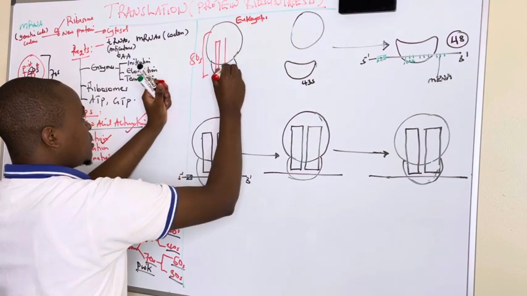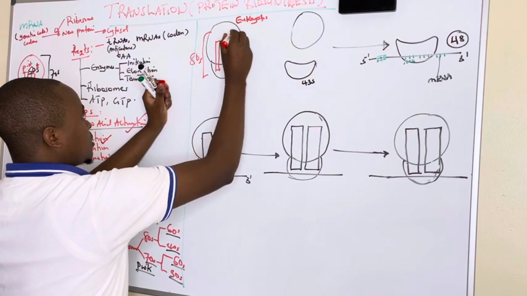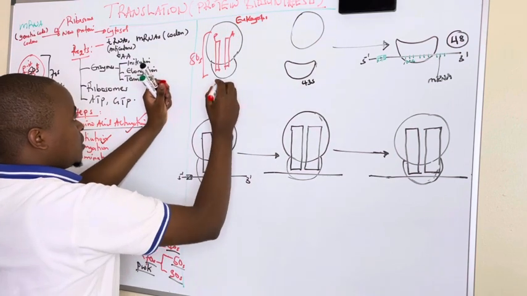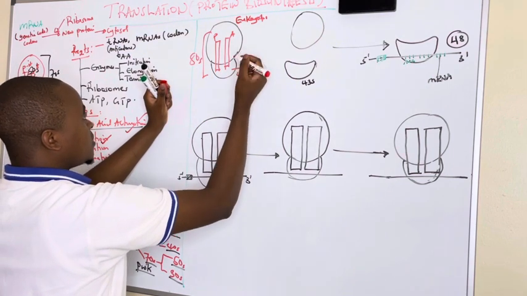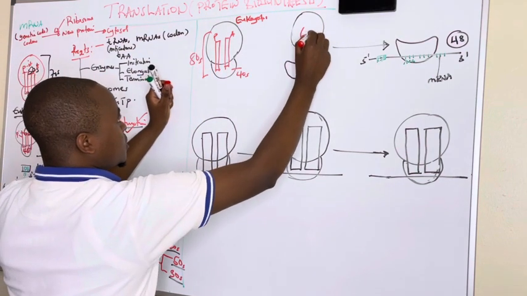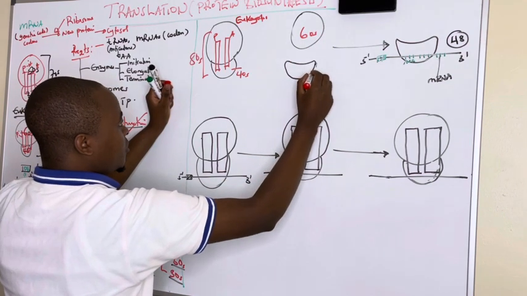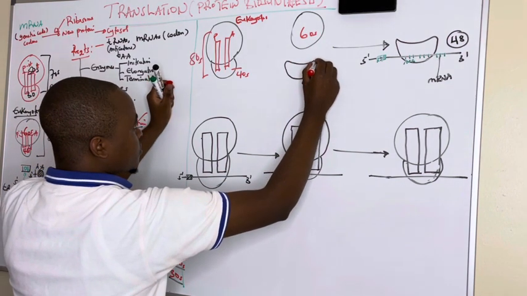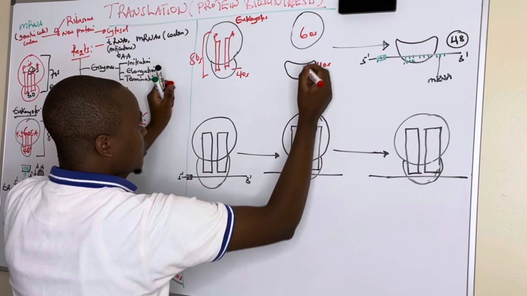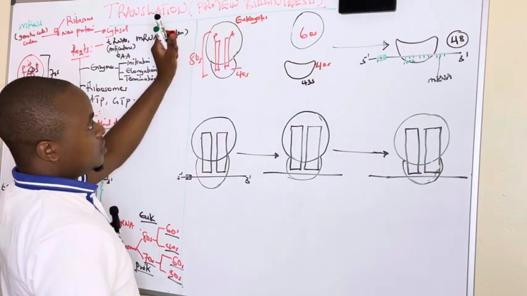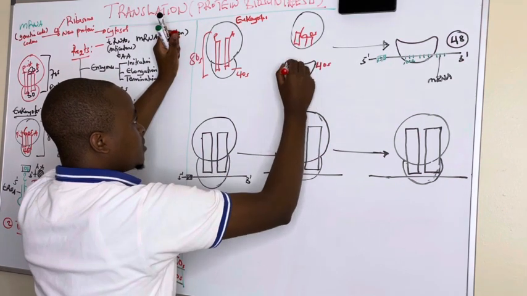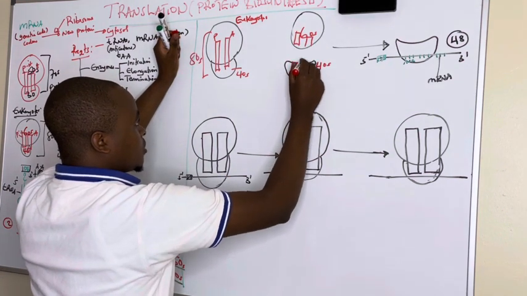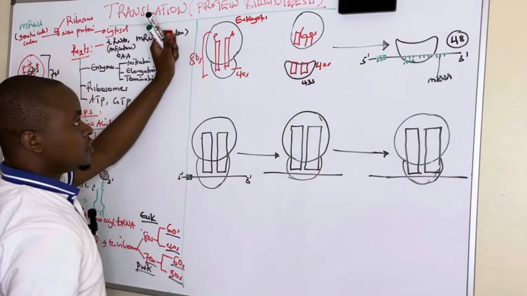This is the 40S ribosomal subunit. After forming these, all of them have the P site and the S site. So this one has the P site and the S site.